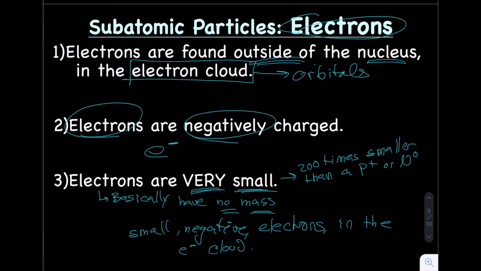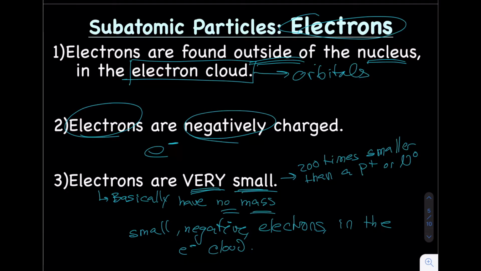We have 3 subatomic particles. First one, large positive protons in the nucleus. Second, we have large neutral neutrons in the nucleus. And third, we have small negative electrons found in the electron cloud. So that's it for the 3 subatomic particles.